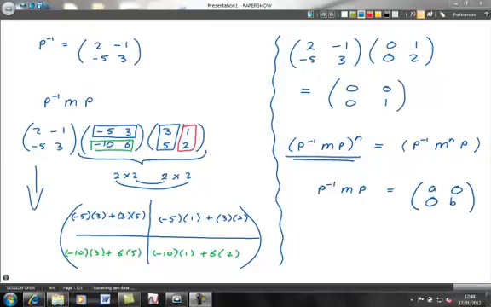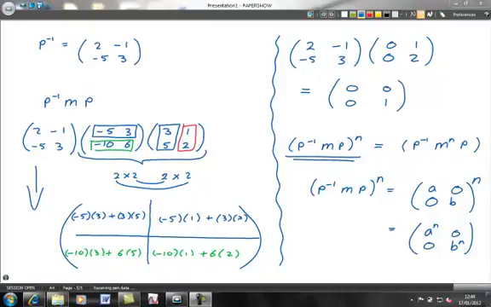I'm going to put in an A and a B. Well, if I put that all to the power of n, then the property says that I can say that's A to the n, B to the n, and that I can just raise the diagonal to whatever power I'm looking for, and I'll get my answer.